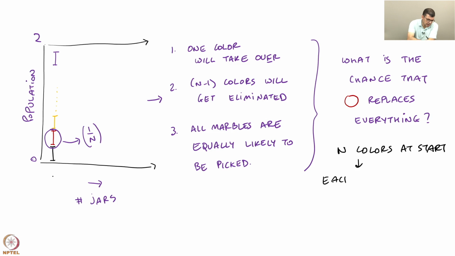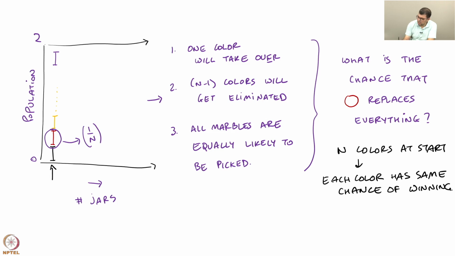So, at this point when I am talking about jar number 1, each color has the same chance of winning. Let us call that the chance that each color has alpha.